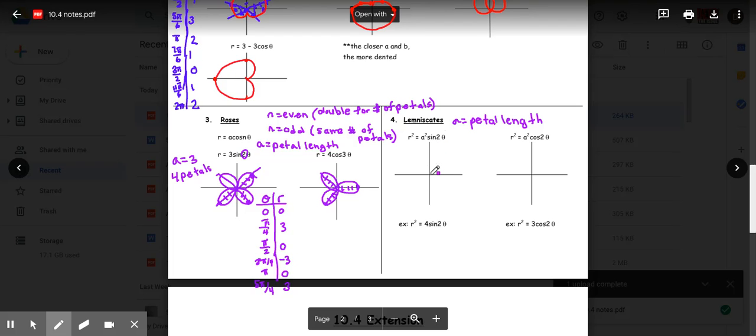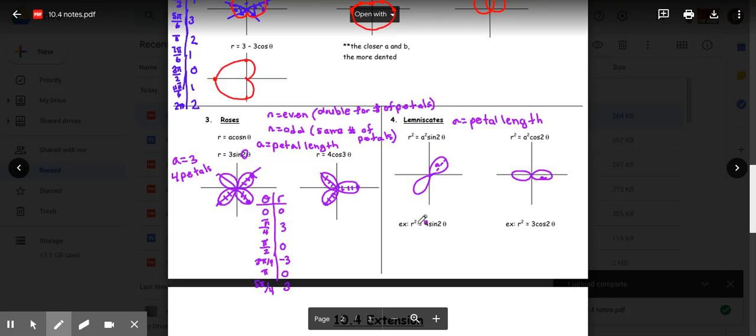With this, with it being sine, it lies between the axes, right? And the petal length here would be a, and when it's on cosine, it lies on the x-axis. And petal length would be a. Okay, well, that's supposed to be an a in there.